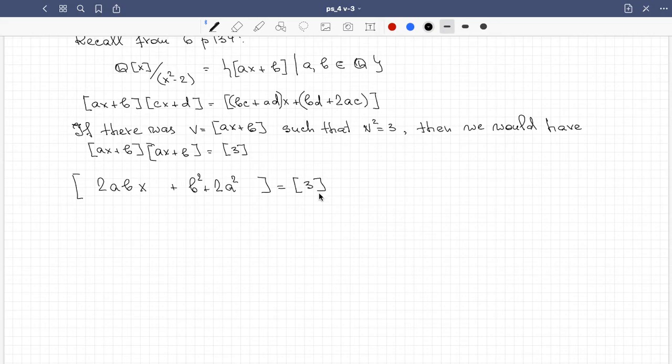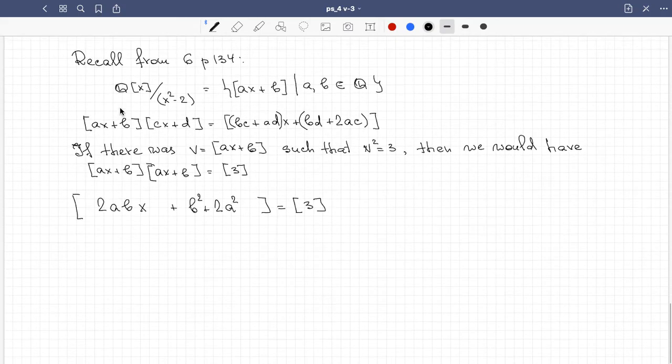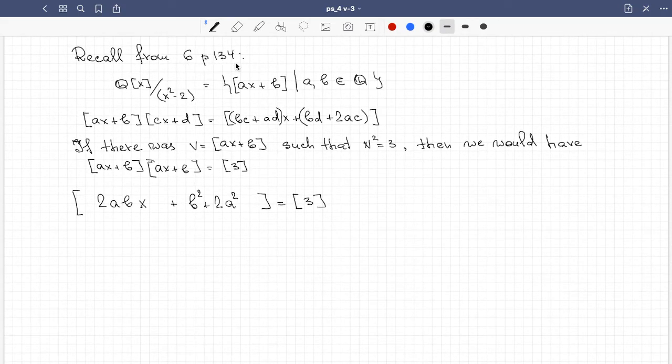Thus the classes must coincide, but both are expressions ax plus b, and we discussed in this problem that two such polynomials belong to different classes if they are different, because the difference cannot be divisible by x squared minus 2 unless the difference is 0. x squared minus 2 has degree 2, while the difference between two different expressions ax plus b may have degree only 1 or 0.